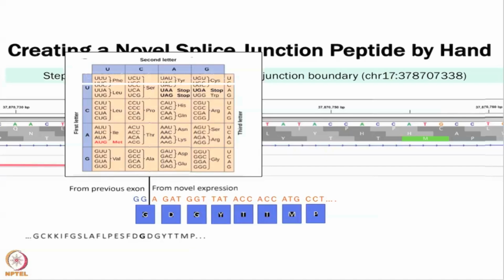This sequence you would throw into your database to see if this boundary actually came up at the protein level. We have software to do this, so you don't have to do it by hand, but by doing it by hand, you better understand what these databases actually are, and you may at some point have to do something like this by hand.